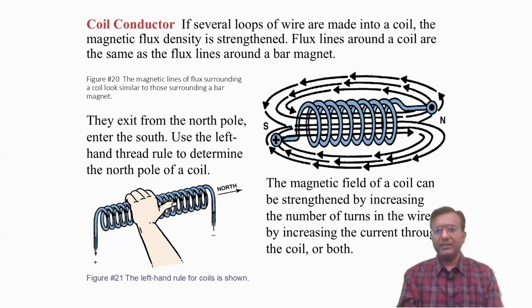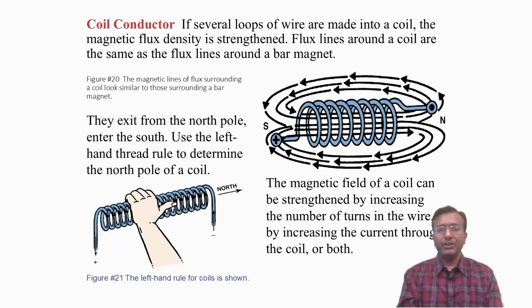What is a coil conductor and an electromagnet? Making several loops of wire into a coil strengthens the magnetic flux density. The flux lines around a coil resemble those around a bar magnet, exiting from the north pole and entering the south.